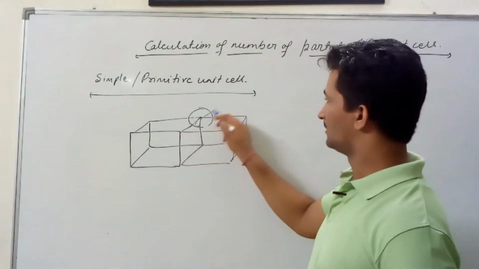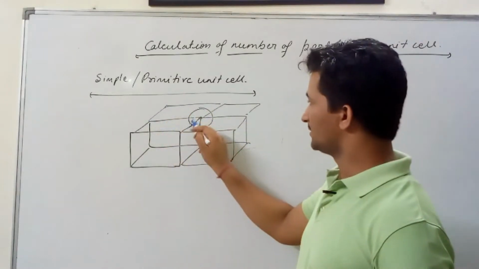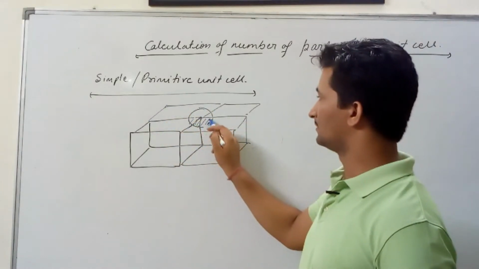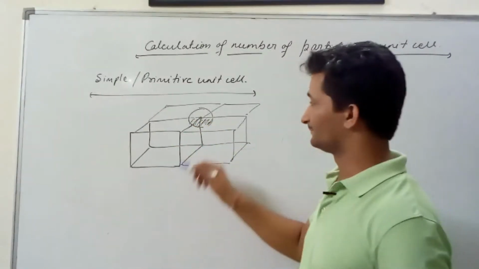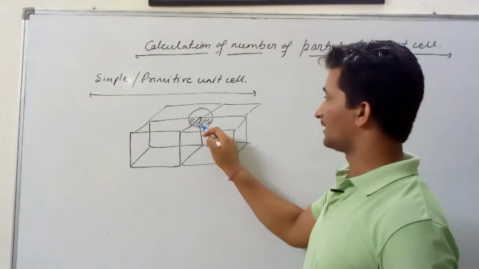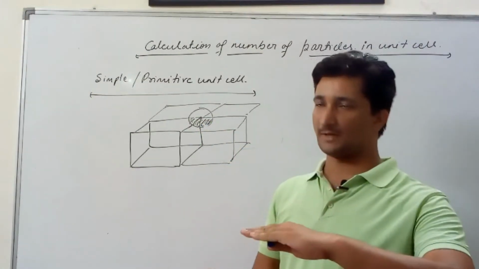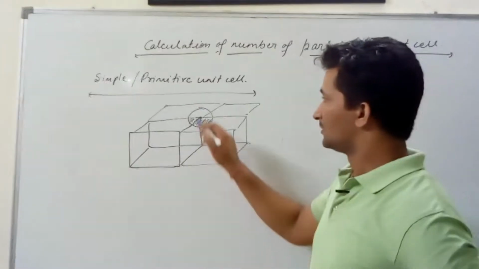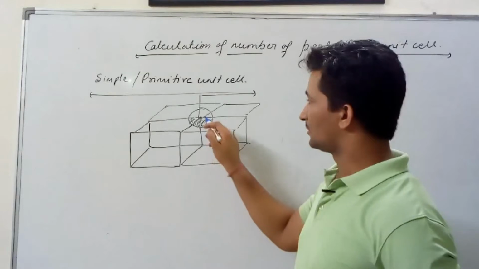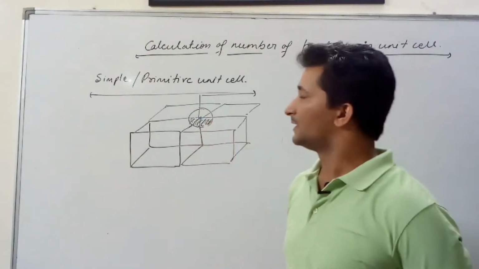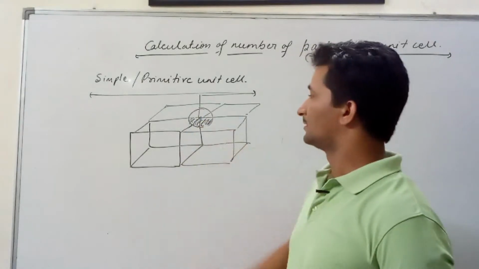So 2, one back side, one this side, so 4. These 4 are present at ground level, the ground floor, and they cover nearly 50% of the sphere, but still the other 50% of the sphere lies upward. So on the top side also we will have 4. So a total of 8 unit cells can be made from the single corner.